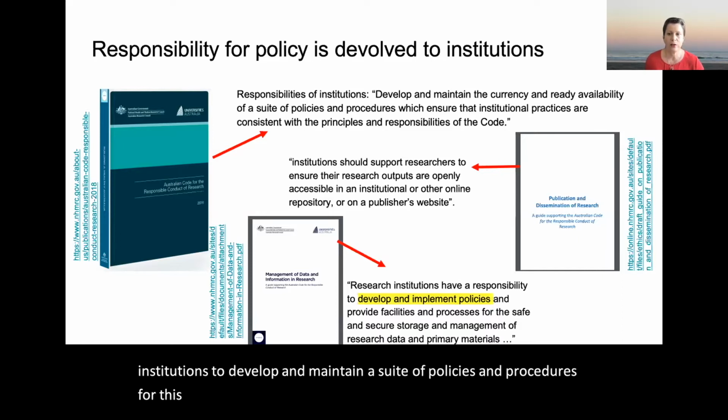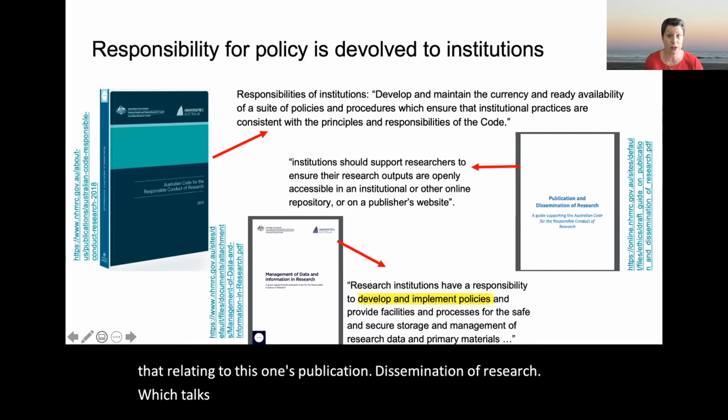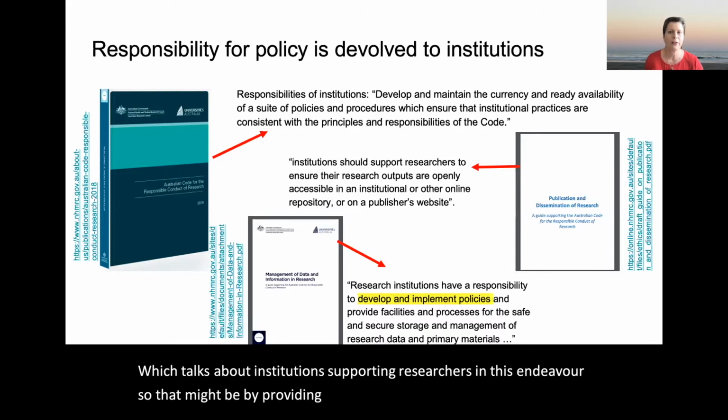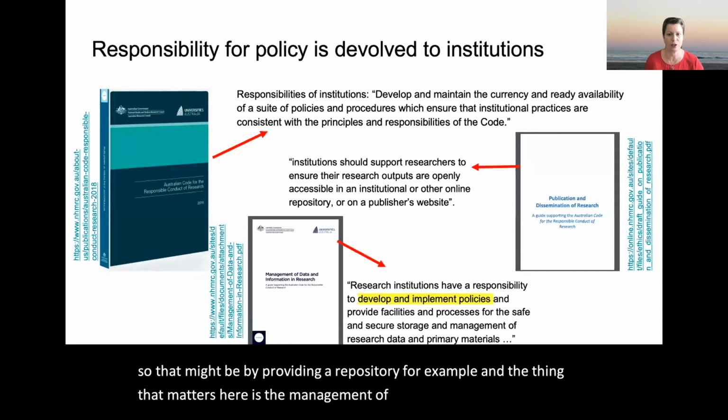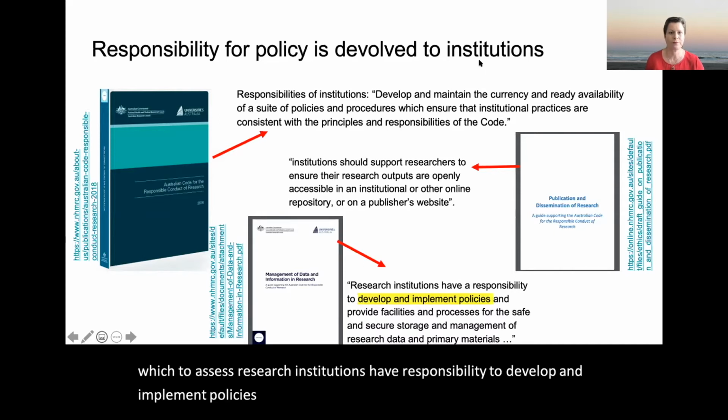And so then you look at the two guidelines that come out of that relating to this. One's publication and dissemination of research, which talks about institutions supporting researchers in this endeavour, so that might be by providing a repository, for example. And the other is the management of data and information and research, which says research institutions have a responsibility to develop and implement policies. So that's what we're looking at.